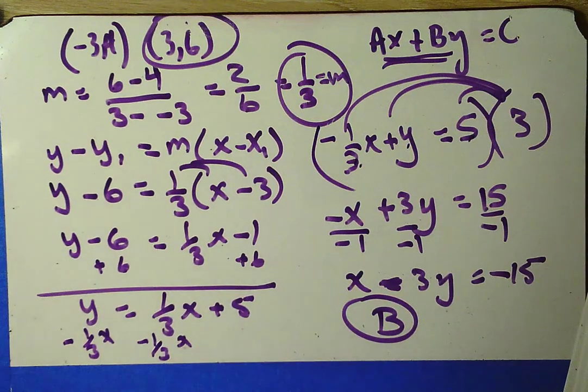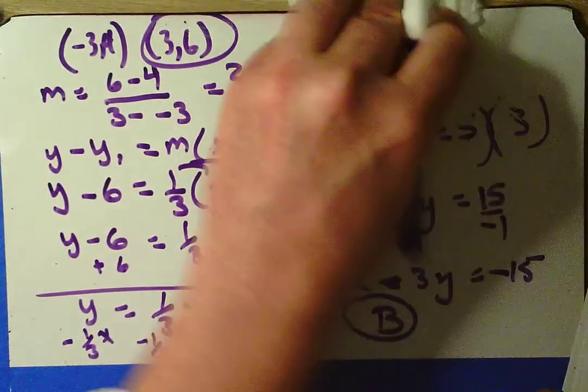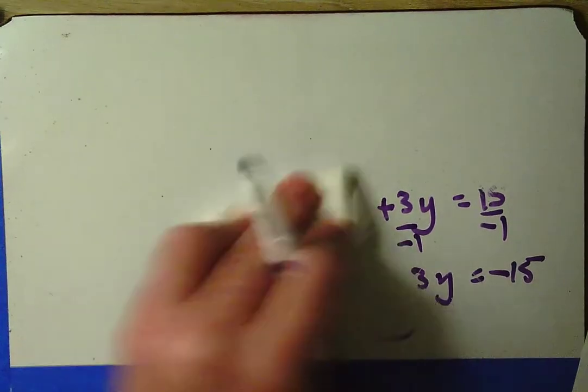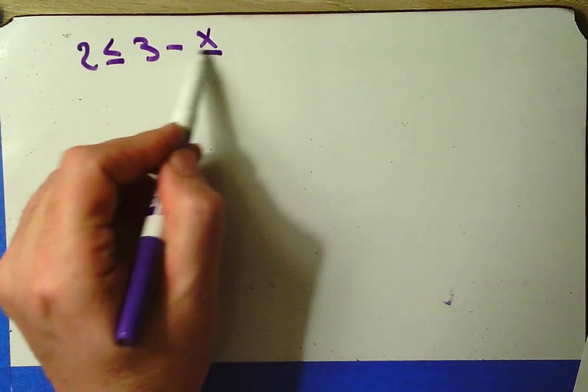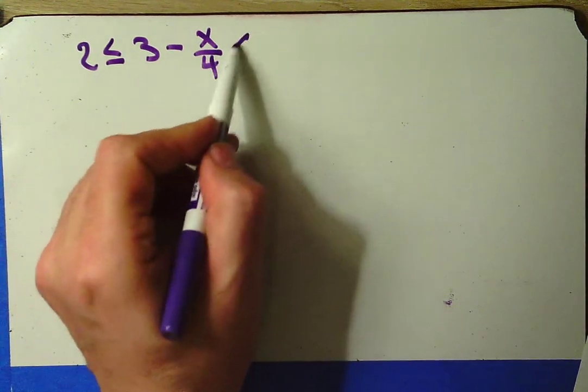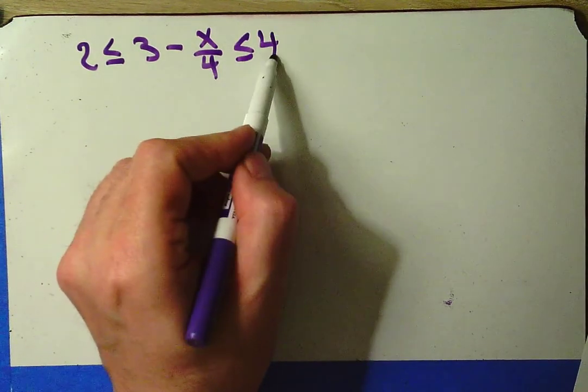All right, let's take a look at problem number 4. Problem 4 says, which of the following values of x satisfy the inequality 2 is less than or equal to 3 minus x over 4, less than or equal to 4?